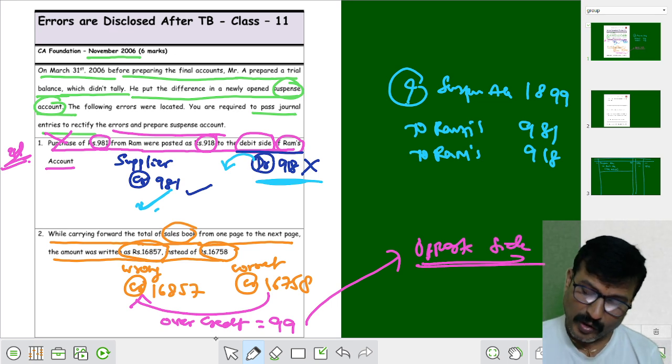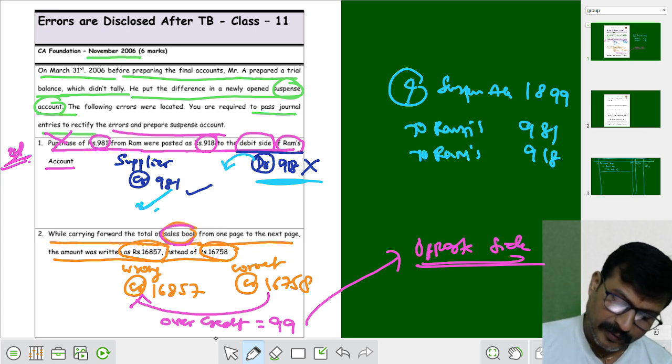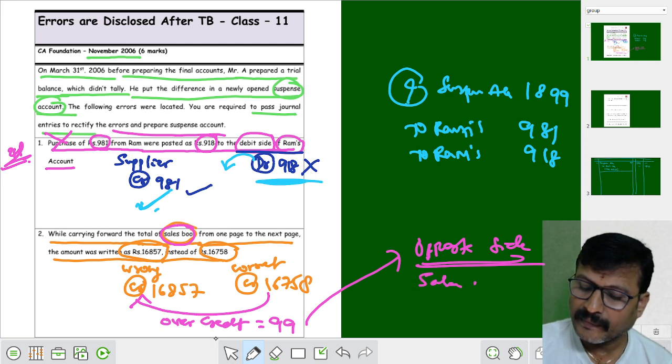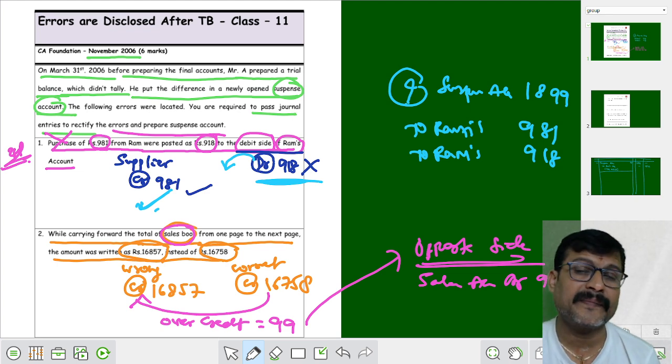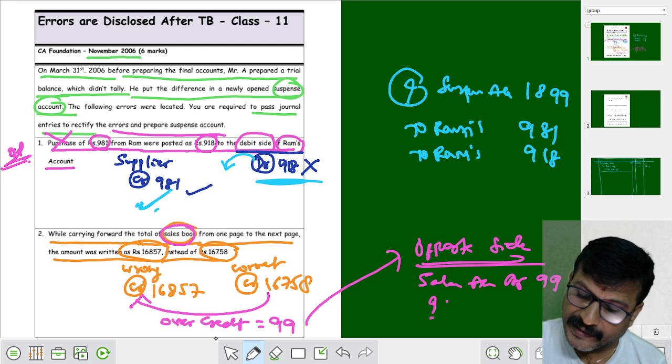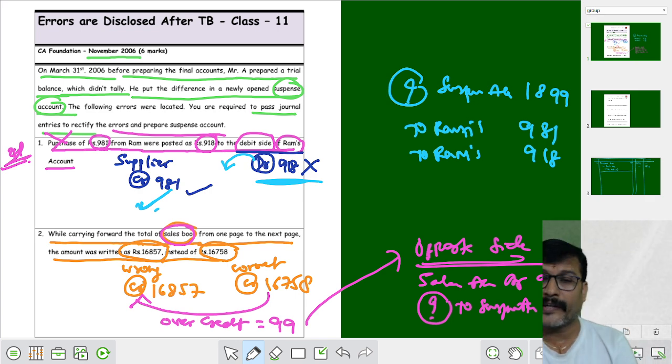Opposite side of credit means debit side. What to take on the debit side? Sales account debit with an amount of rupees 99. What to write on the credit side? That is, to suspense account 99. I hope you got it.